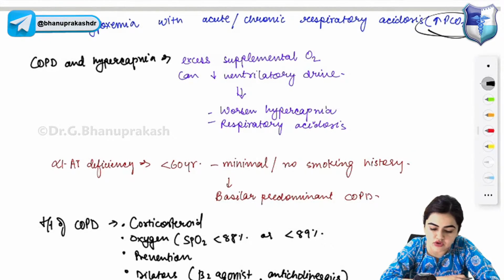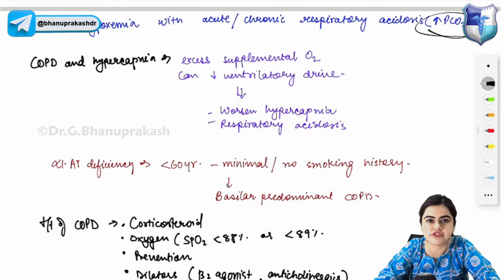Now, coming to COPD and hypercapnia. What happens in a COPD patient? There is hypoxia in the patient, so in order to treat hypoxia, we give supplemental oxygen and we advise smoking cessation.